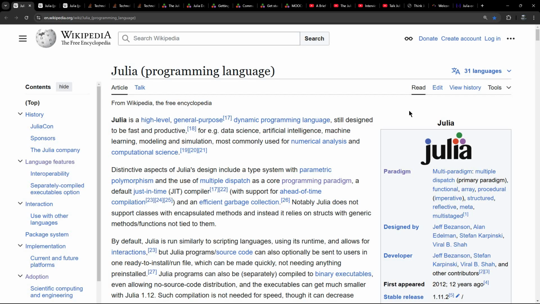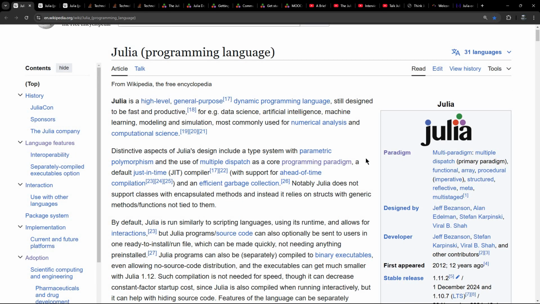Some of them were started off in that area, if you like. So Python is a general purpose multi-paradigm language that happens to be the go-to language for data science and machine learning. Then you have R, which is a little bit more specific to data science. And then you have Julia, which came along in 2012, so it's 12 years old, which is another multi-paradigm language.